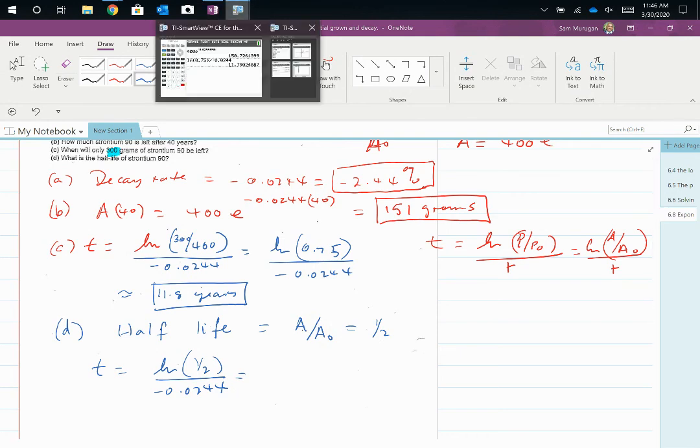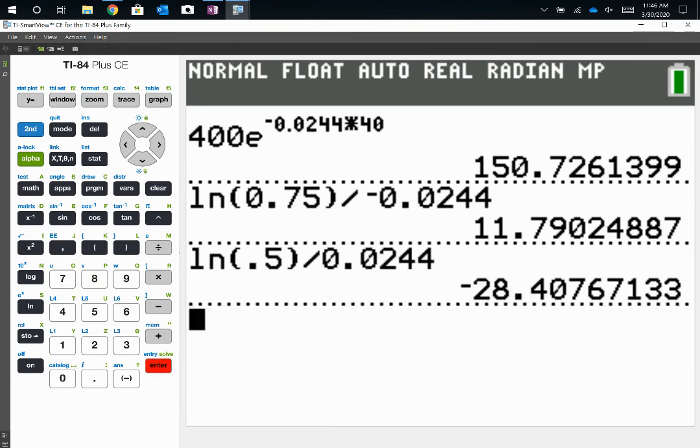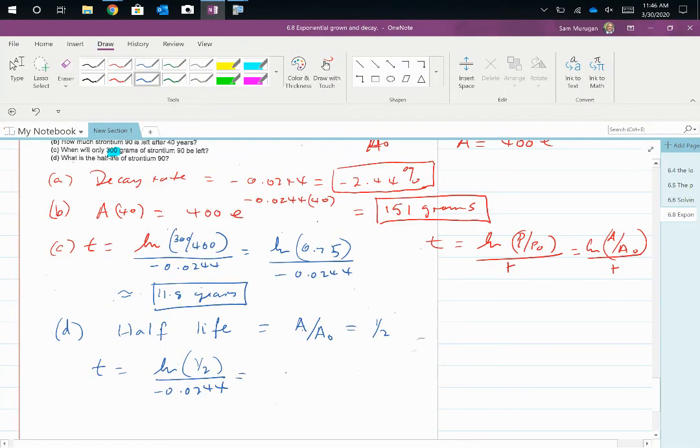Calculator. Oh, I forgot the negative sign on the denominator. So it will be positive 28.4 years.